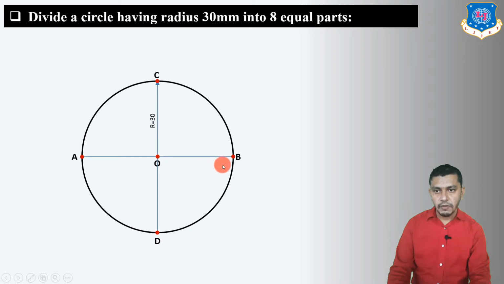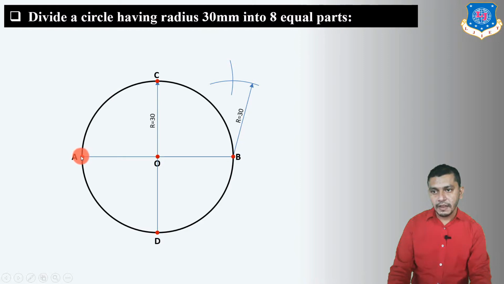So now we have to take the rounder, open the rounder having the arc length equal to the radius of the circle, that is 30 mm, and taking center at B, give an arc like this outside of the circle. Okay, now taking center at C and radius equal to 30 mm, give another arc which will cut this arc over here. Okay, clear?